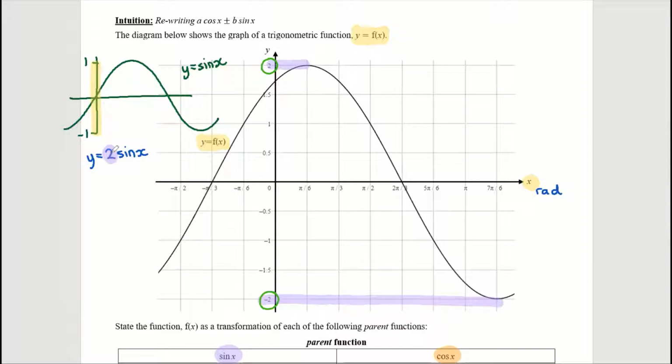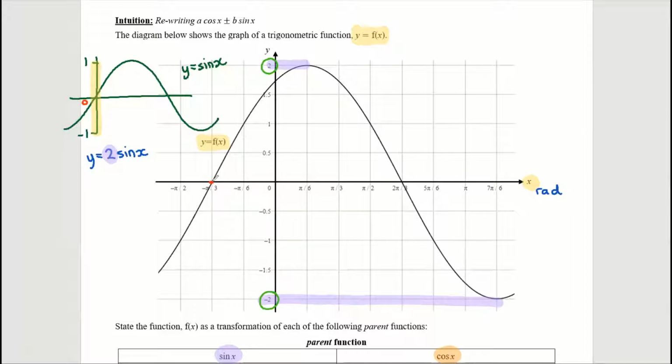Now, the question is, of course, it's not sine, though, is it? Because we know sine, whether it's multiplied by 2 or not, passes through the origin. And you can see this on my sketch. Although it's not the best sketch, it passes through the origin. And this clearly does not pass through the origin. It passes through the point -pi/3.